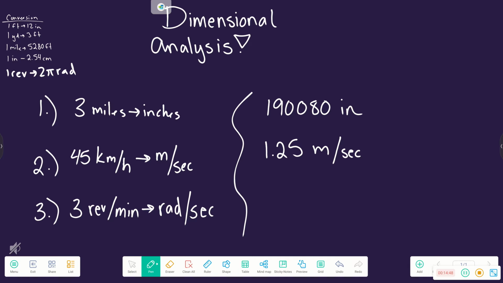And for our last one, 3 revolutions per minute into radians per second. I'm going to go over this one because it's the most important. You need to take your minutes and turn them into seconds. You need to take your revolutions and turn them into radians.